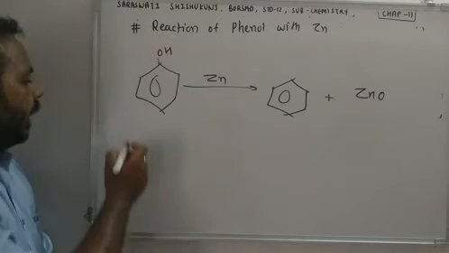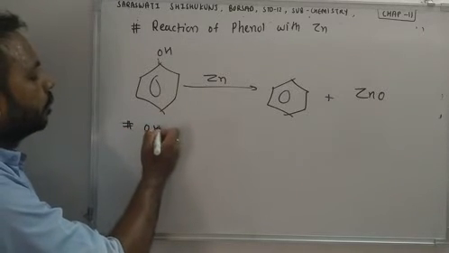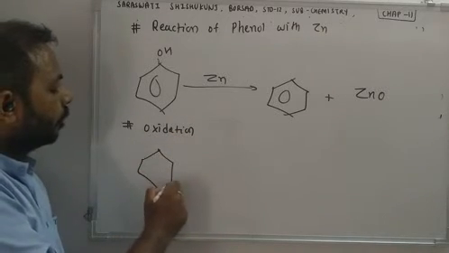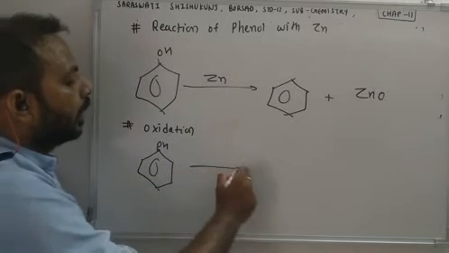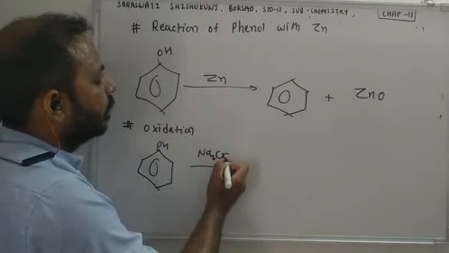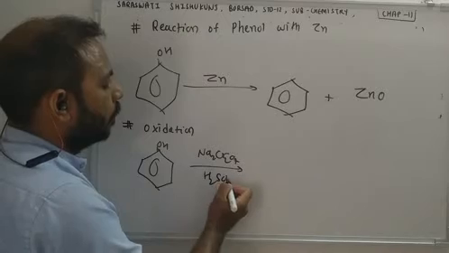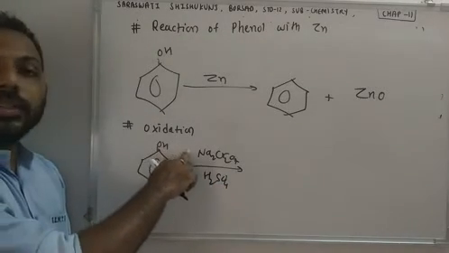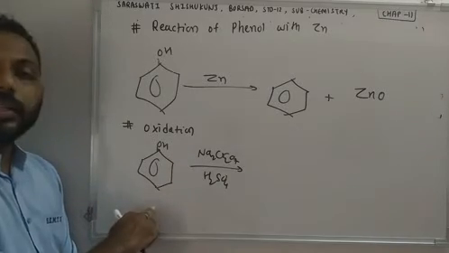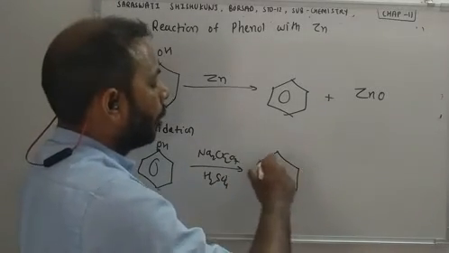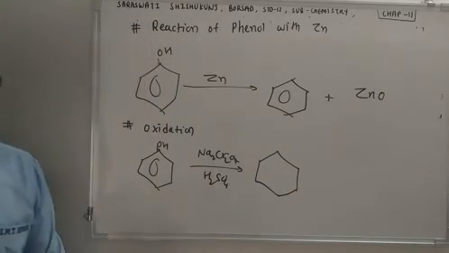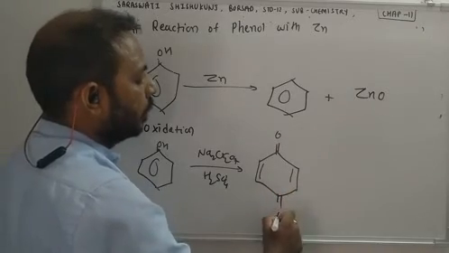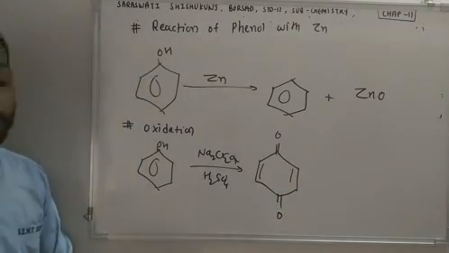Okay. Next reaction is oxidation. If phenol reacts with chromic acid, let's say Na2Cr2O7 in the presence of H2SO4, it will form benzoquinone. So there is removal of hydrogen from here and addition of oxygen here, forming benzoquinone. This particular structure is known as quinone or benzoquinone.